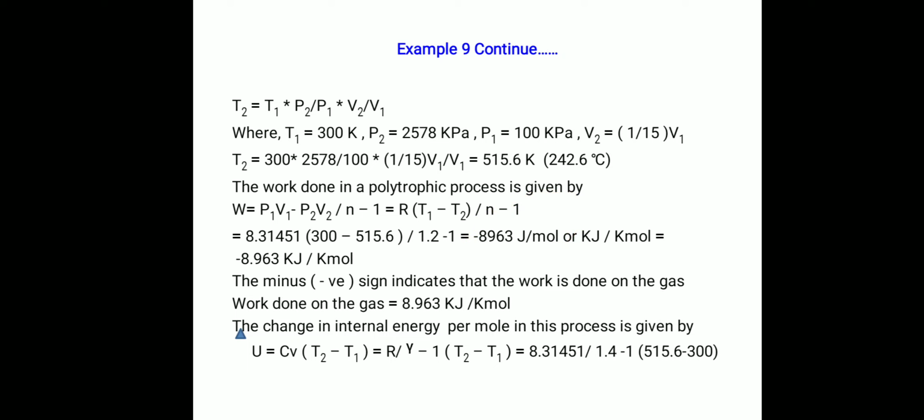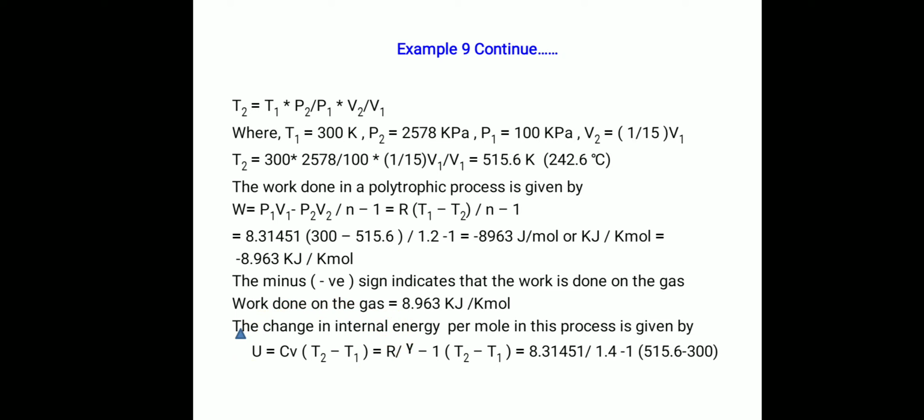For the calculation of delta U, we can use the formula delta U equals Cv delta T. The concept of heat capacity at constant volume was already discussed in the previous lecture.